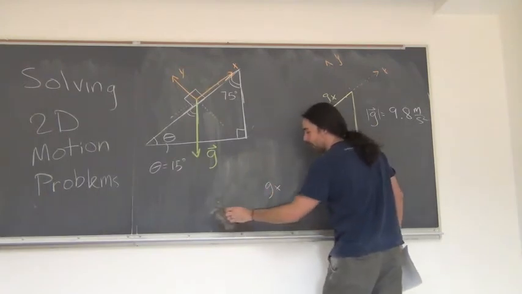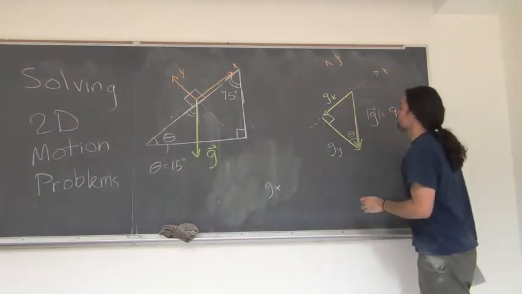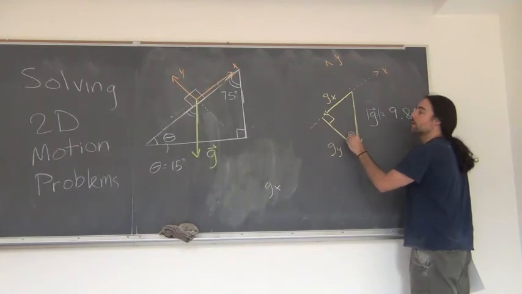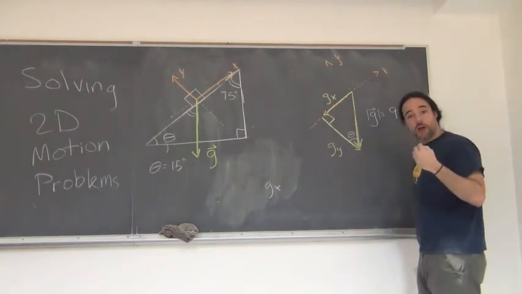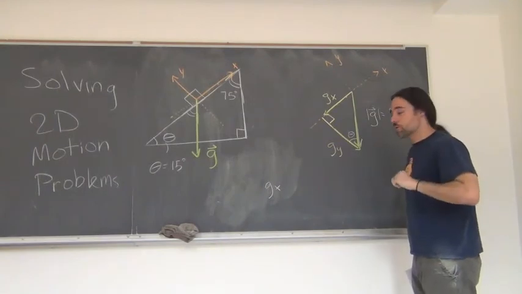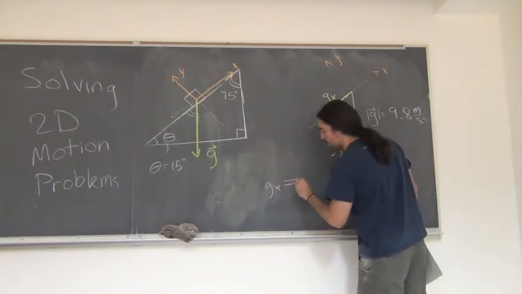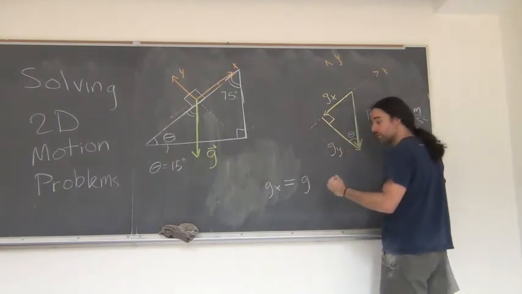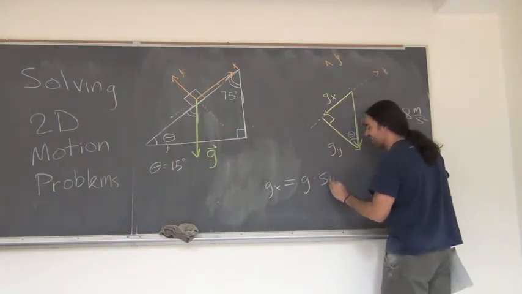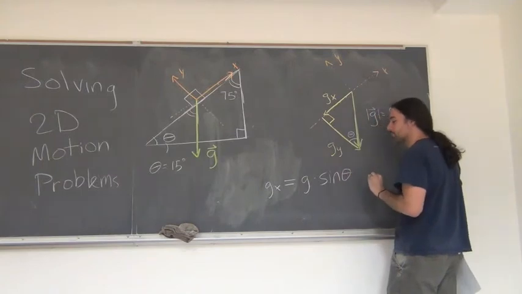And when we do, we will find that gx, if I look at my angle theta, gx is the opposite side of that angle. So it's the opposite, which means we want the SO of SOHCAHTOA, which would mean we'd get gx equals g sine theta.